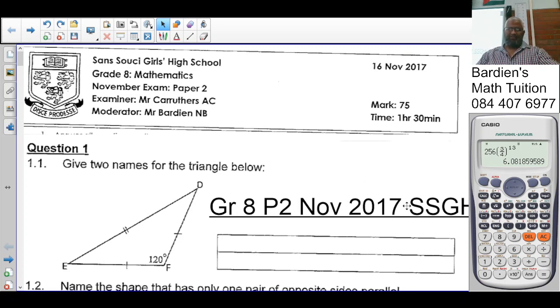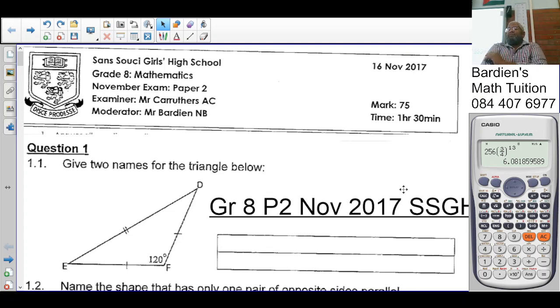This is how many years ago? 5 years ago. So the current grade 12s is 2022, 21, 20, 19, 18. The current grade 12 was in grade 8 in 2018. This is the year before they got here.